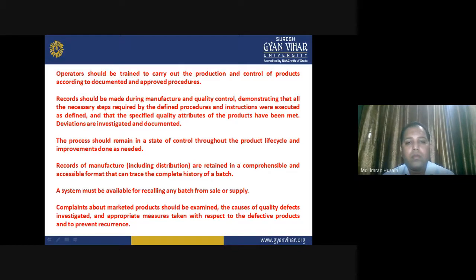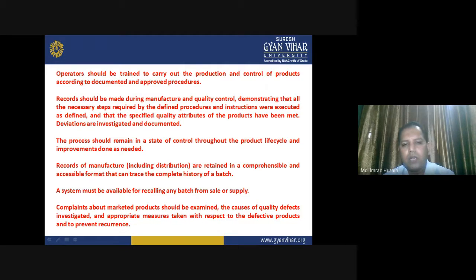Records of manufacture, including distribution, are retained in a comprehensible and accessible format that can trace the complete history of the batch. So everything is controlled and everything is under record. A system must be available for recalling any batch from sales or supply.